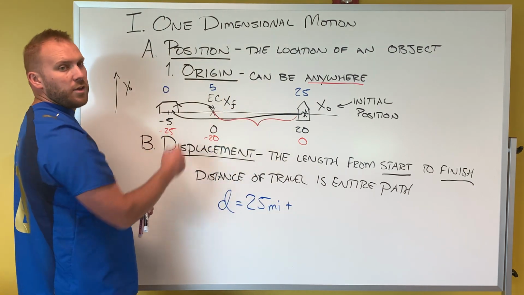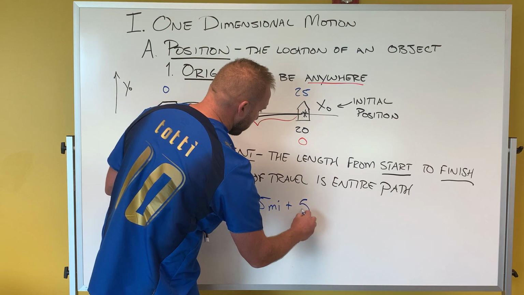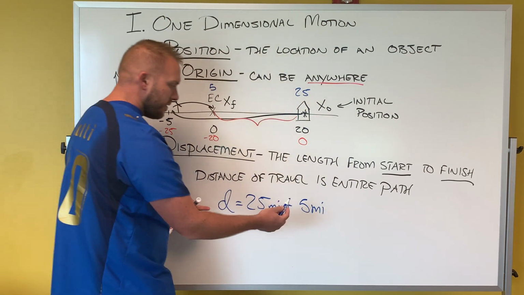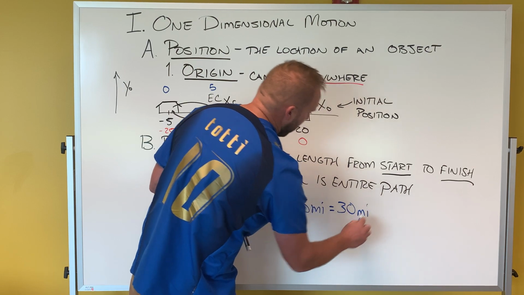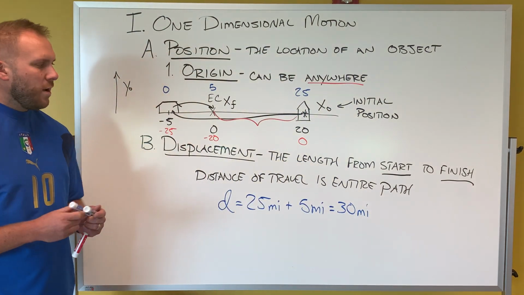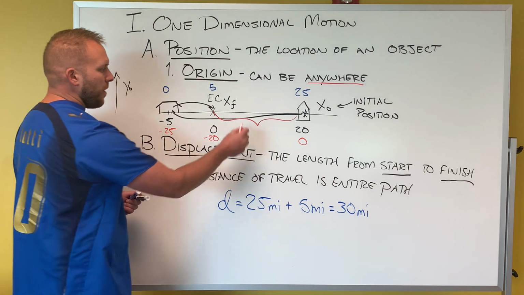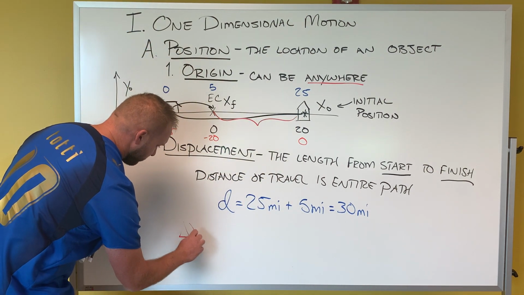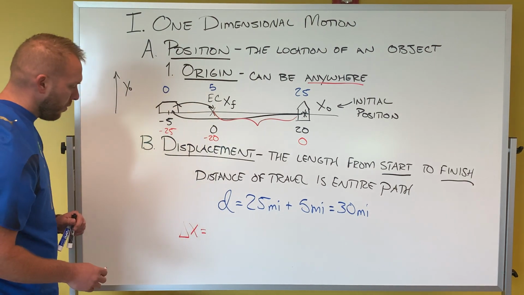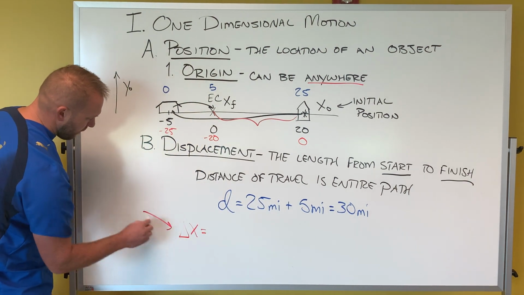And then I came back to Emerald Campus, which was another 5. So my entire distance is 30 miles, okay? Whereas displacement is different. It just cares about this here, right? And we're actually going to have our first equation, which stands for displacement.